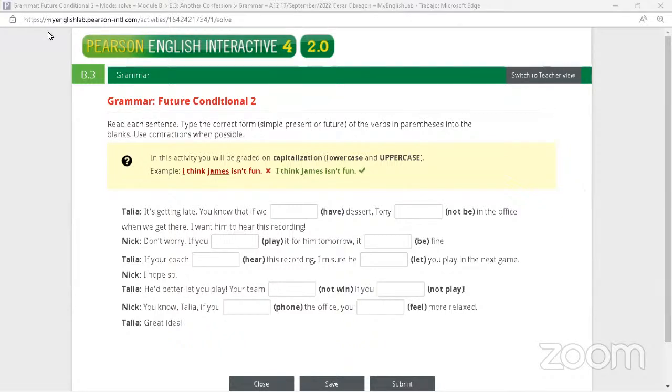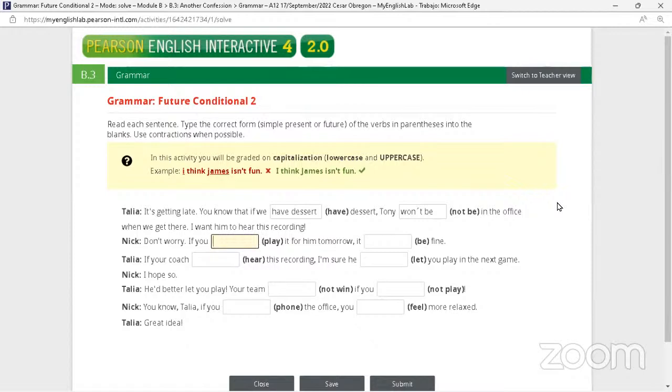Perfect. It's getting late. You know that if we have a dessert, Tony won't be in the office.